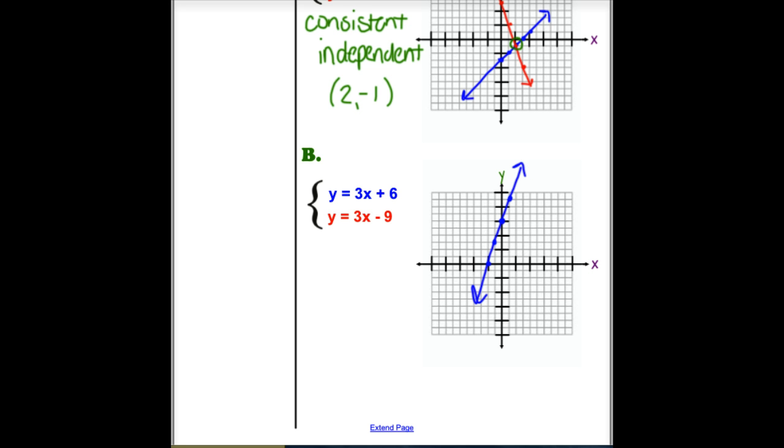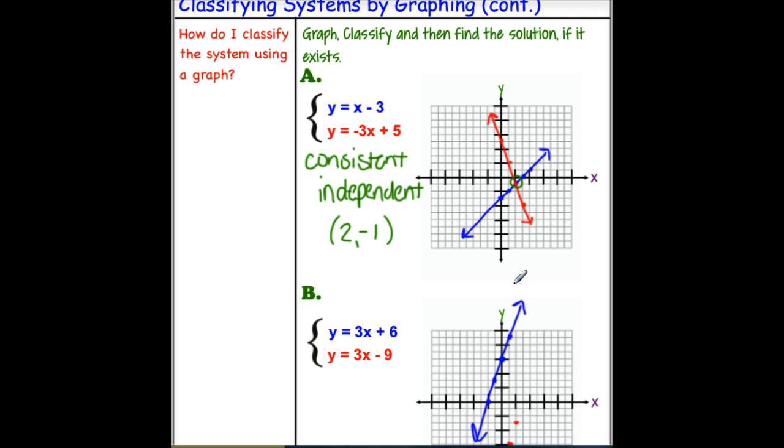And then graphing the other line, y equals 3x minus 9. So I have minus 9, and I go up 3, forward 1, up 3, forward 1, up 3, forward 1. Haven't hit the other line yet, so I'm going to keep going.